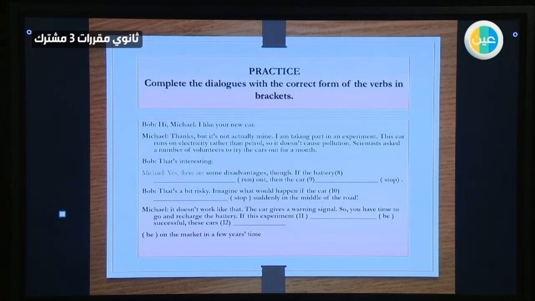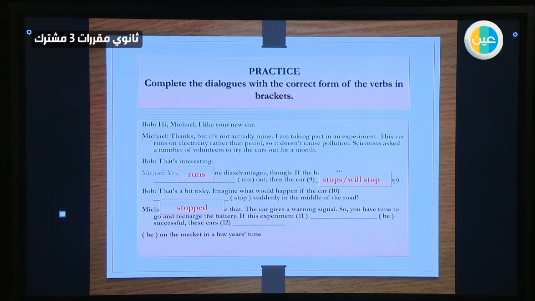If the battery runs out, then the car stops. Bob: That's a bit risky.